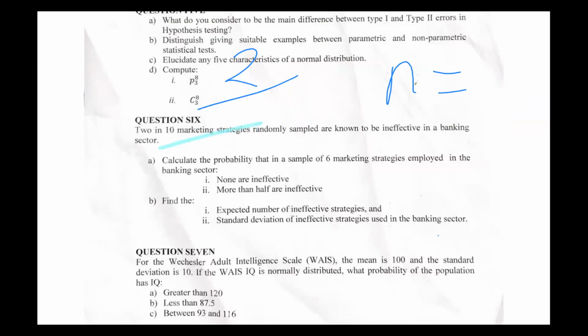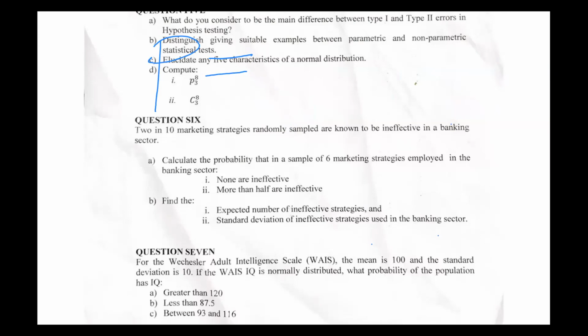What probability distribution is this? Is it Poisson? Is it geometric? Is it binomial? Anybody?